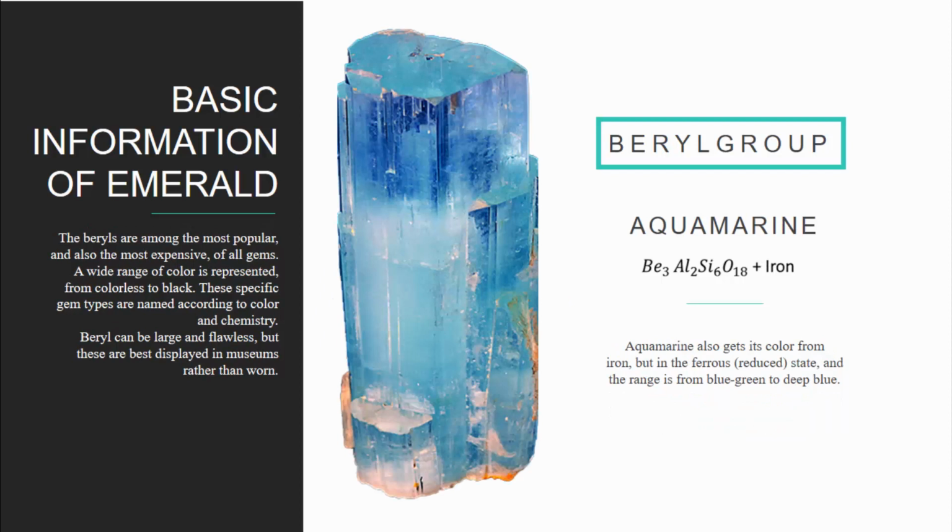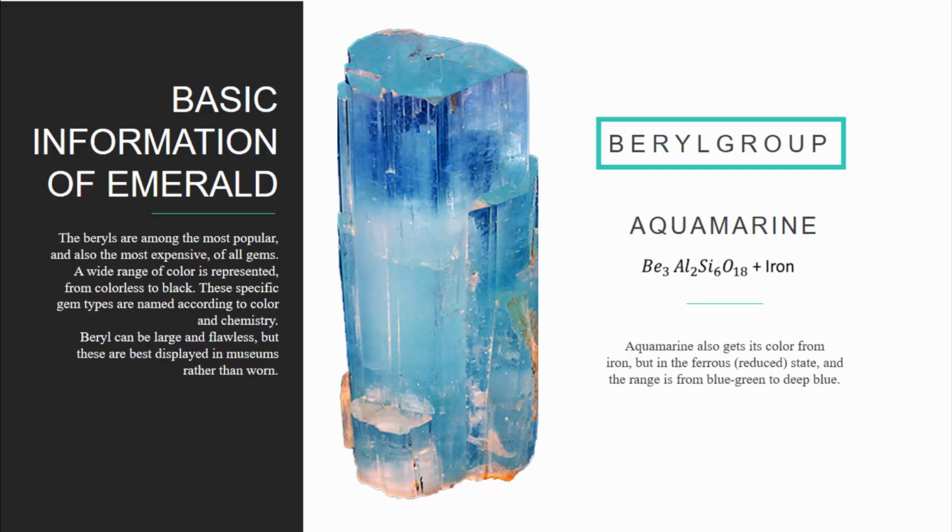Aquamarine is another variety of the beryl group that has the same crystal structure as emerald, but is different in color due to the presence of iron in its chemical composition.